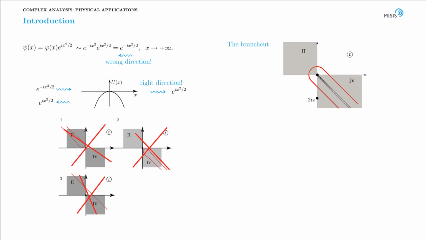The fourth quadrant is no good. The contour can be easily deformed to pass through the saddle point, leading to the wrong asymptotics. Our only chance is the second quadrant. This is the approximate position of the contour and the branch cut. Hopefully now we'll get the correct asymptotics at x tending to plus infinity.